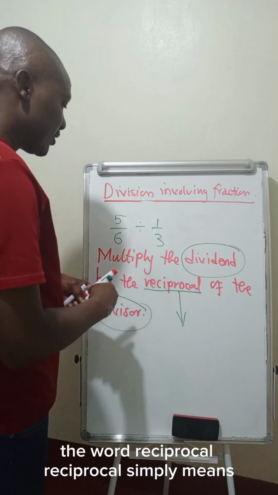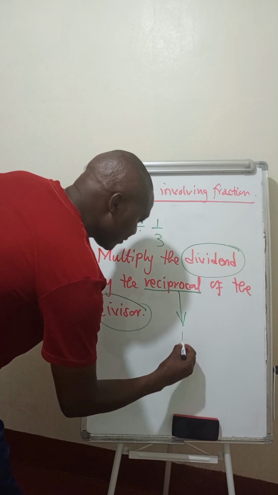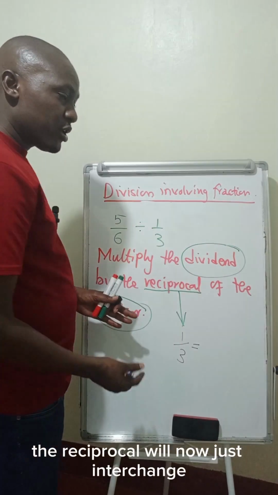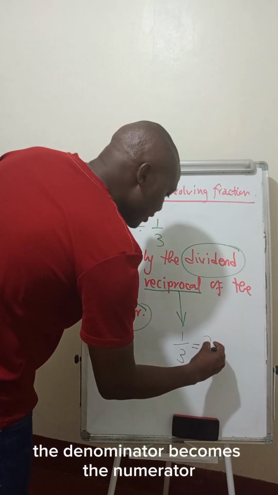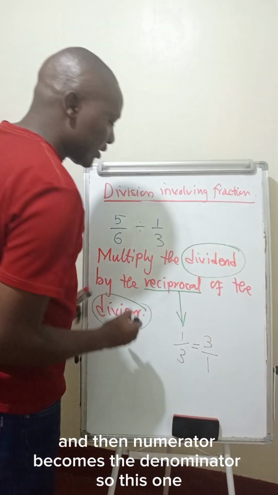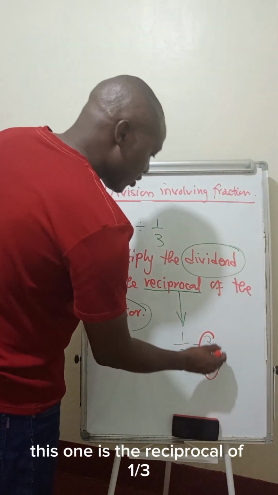Reciprocal simply means, let's take for example, our divisor here is a third. For the reciprocal, you just interchange: the denominator becomes the numerator and the numerator becomes the denominator. So this is the reciprocal of a third.